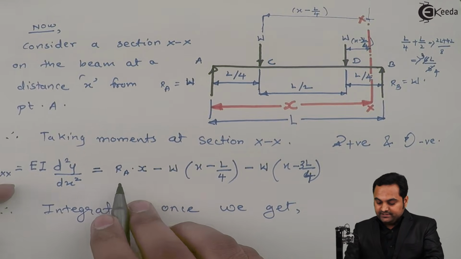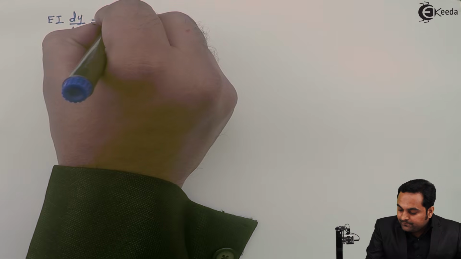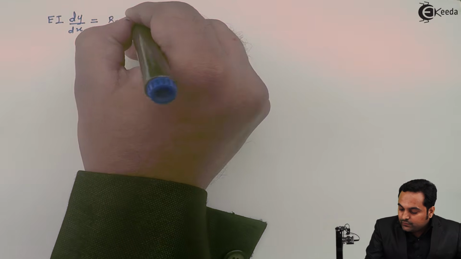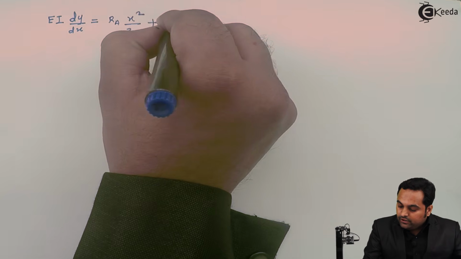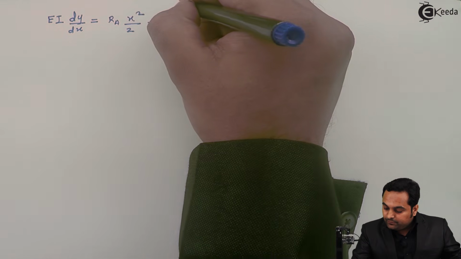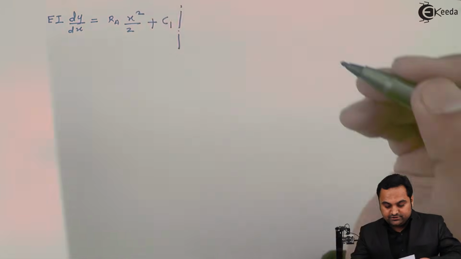RA into x, so RA will remain as it is. X will become x square by 2, and here I'll have a constant because I am integrating, so plus C1, this is the first term.